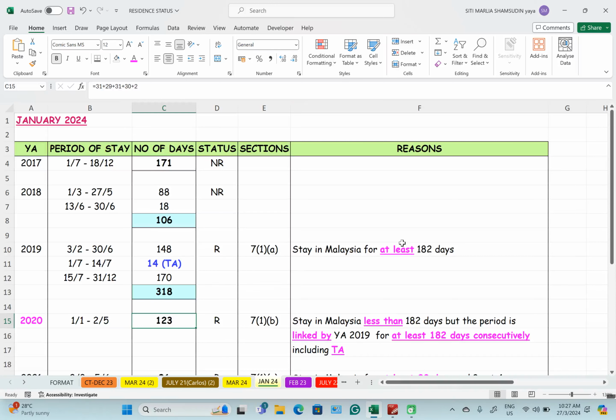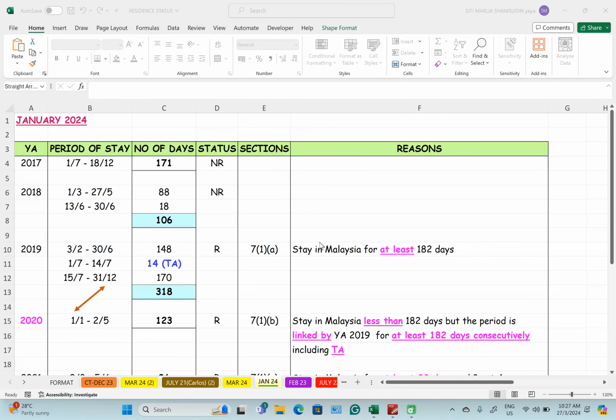Okay, now let's try to use B. Okay, guys, let's try link by first. What does it mean by link by? Link by is we need help from last year. So if this year is 2020, meaning to say the previous year was 2019, isn't it?